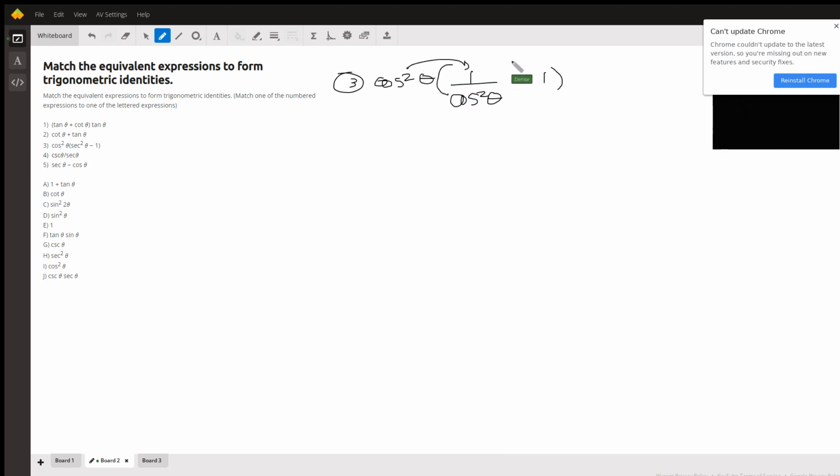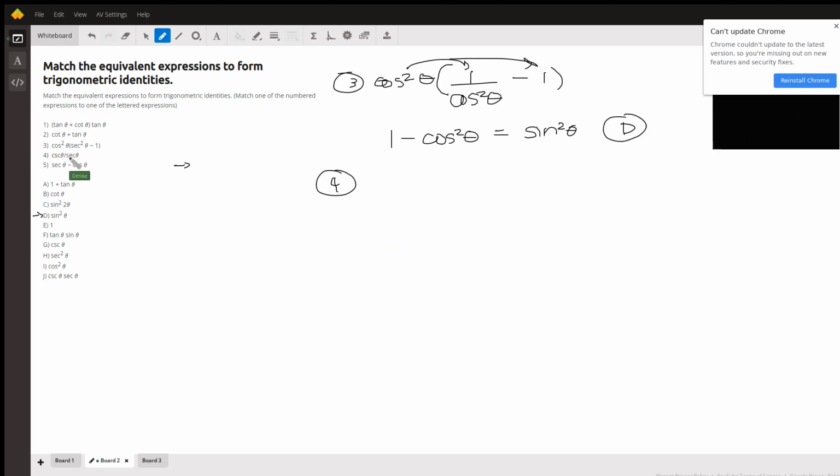So distributing this out to get rid of the parentheses, I get 1 minus cosine squared theta. And this is actually this first Pythagorean identity here. If I subtract cosine squared theta from both sides, I can see that this equals sine squared theta. So that is D here on my list.